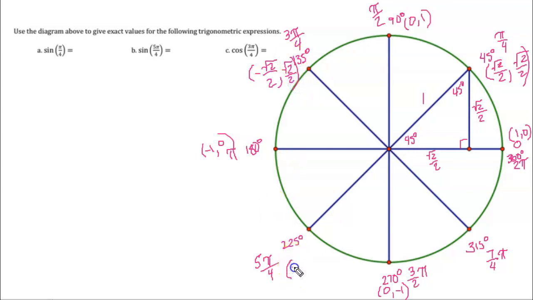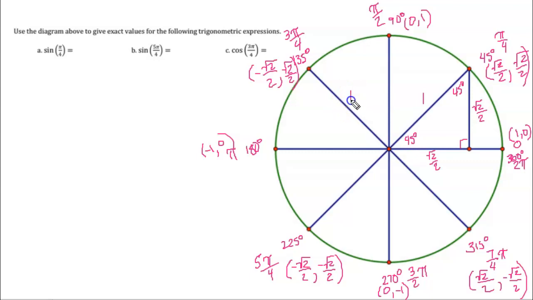They would both be negative down here: negative square root of 2 over 2, negative square root of 2 over 2. And the first one would be positive, and the second one would be negative for this one. So for this wheel, just knowing it's 8 equal pieces, we're able to find all of the degree measures, all of the radian measures, and all of the coordinate points for these angles.